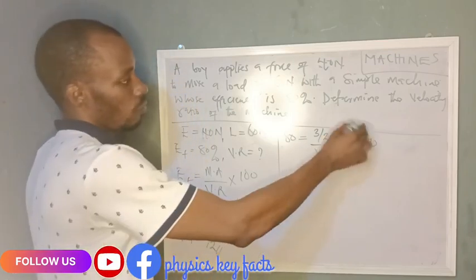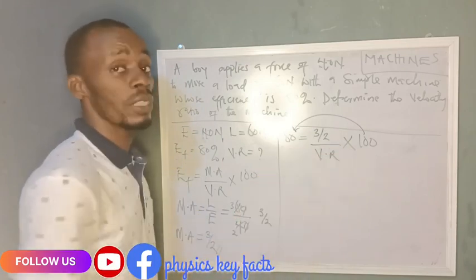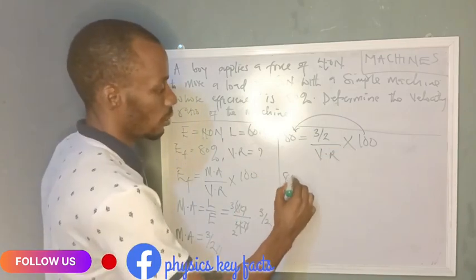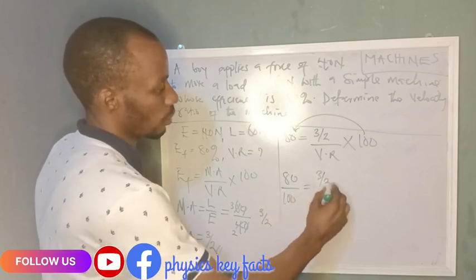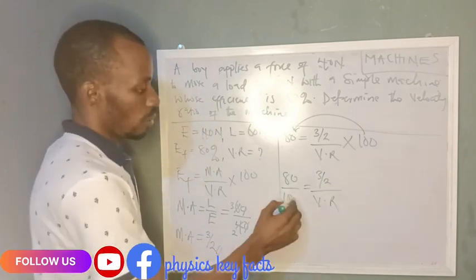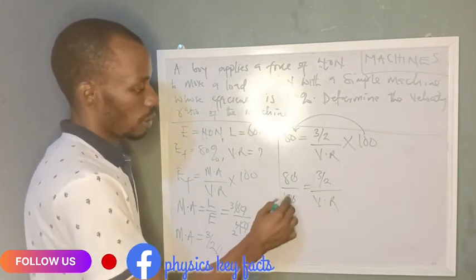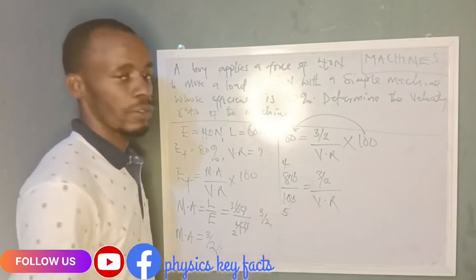So I can move this 100 to this side. Moving 100 here, a multiplier becomes a divisor when it gets here. So I'll have 80 all over 100 is equal to 3 over 2 divided by velocity ratio. If I cancel out, I'm going to have 4 over 5.